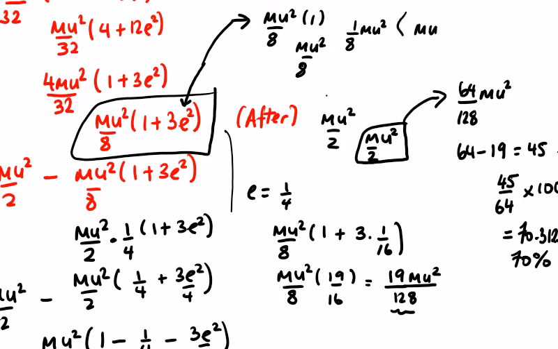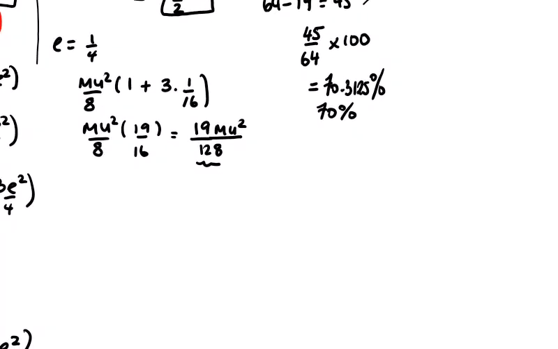And the max then will be mu squared over 8 times 1 plus 3 times 1 squared, so 1 plus 3, which is 4. So that will be equal to mu squared over 2, which obviously is what it began at. So we can go from mu squared over 2 to mu squared over 8.